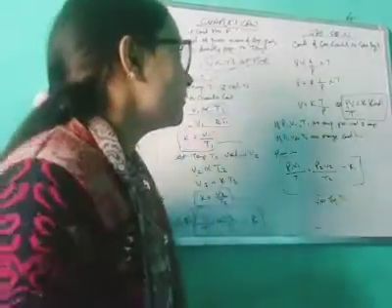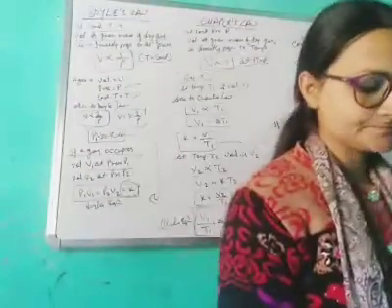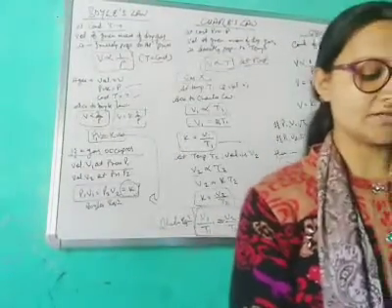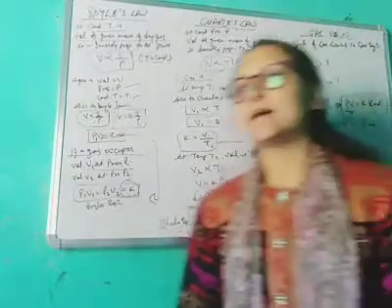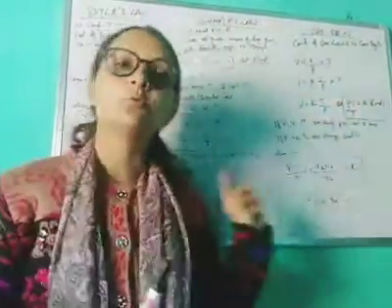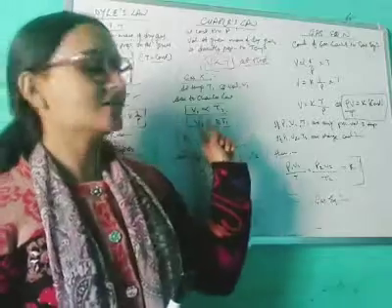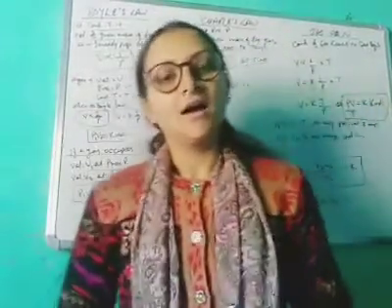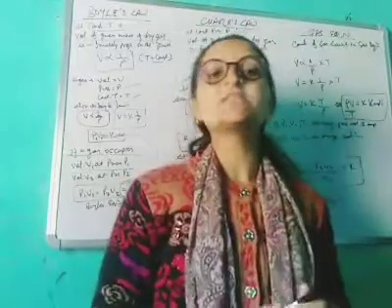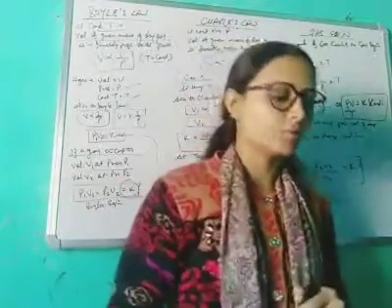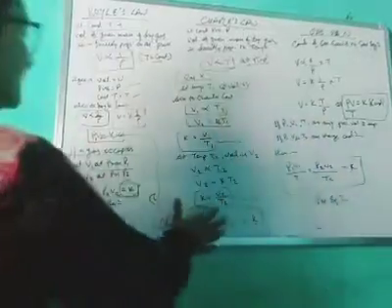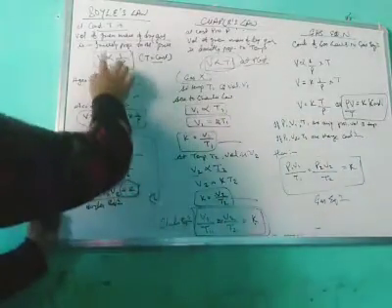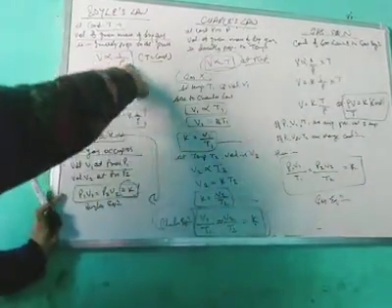Now come to the gas equation. What is the gas equation? The gas equation is the equation in which we combine these both together. When we combine Charles law and Boyle's law, the equation that comes after that is called the gas equation. According to this, V is inversely proportional to pressure.